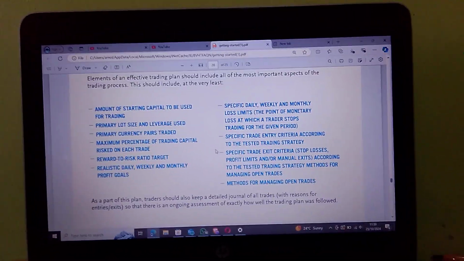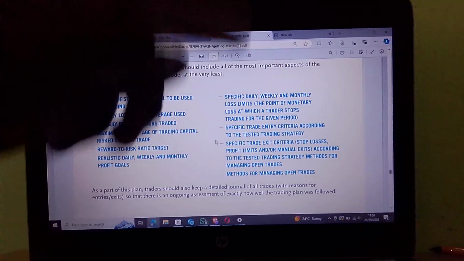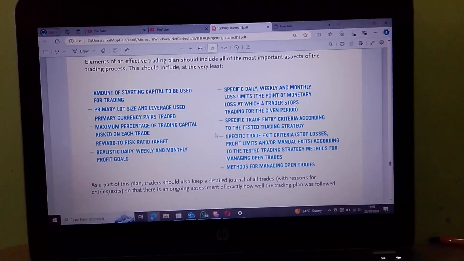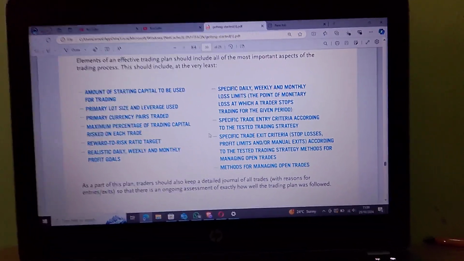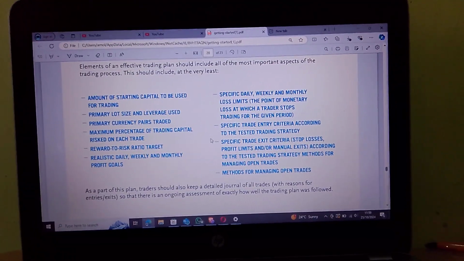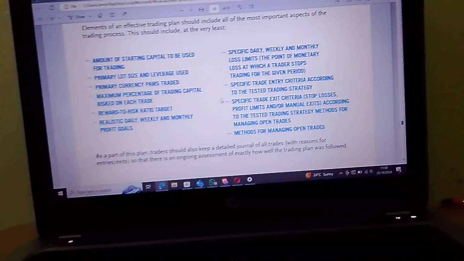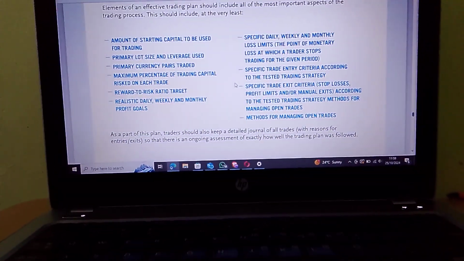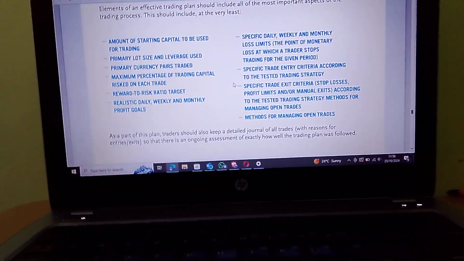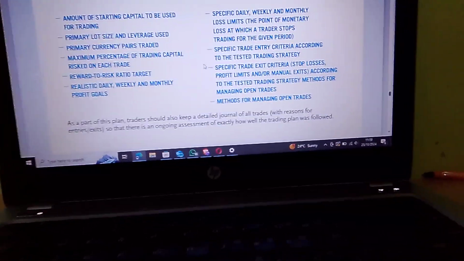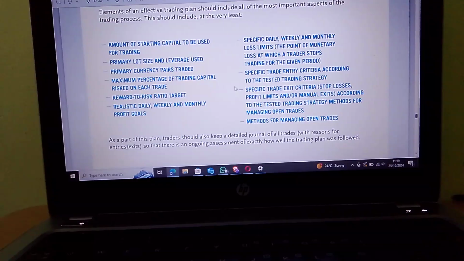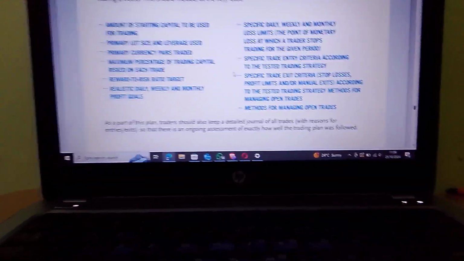So you need to have your profit goals and loss limits, and the loss at which a trader stops trading for the given period. So whereby you make some losses and then you decide, no, let's wait and we'll try again, let's re-strategize. Specific trade entry criteria according to the tested trading strategies.